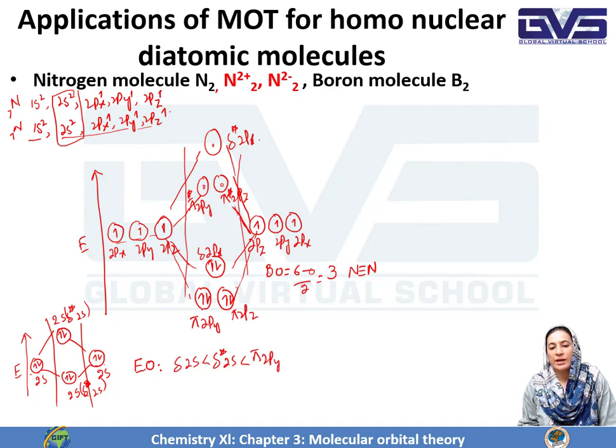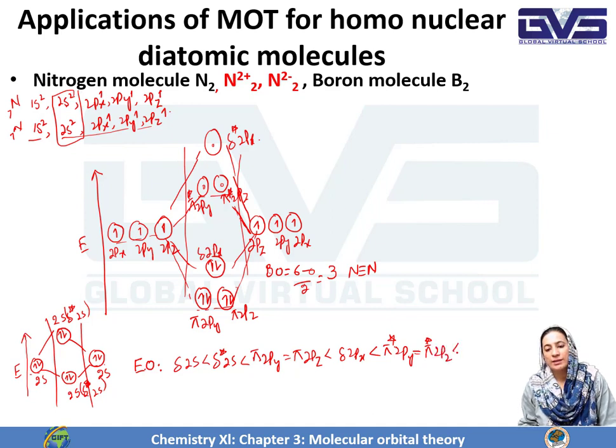Now you can see pi 2py and pi 2pz are of the same energy, so equal sign. Pi 2pz is less than sigma 2px, which is less than pi star 2py equals pi star 2pz, because again these are at the same energy level, and that is less than sigma star 2px. So this is the energy order for the nitrogen molecule.